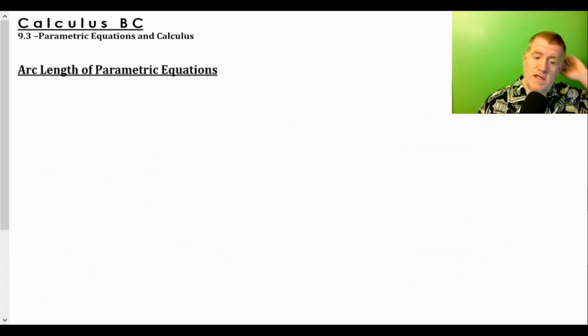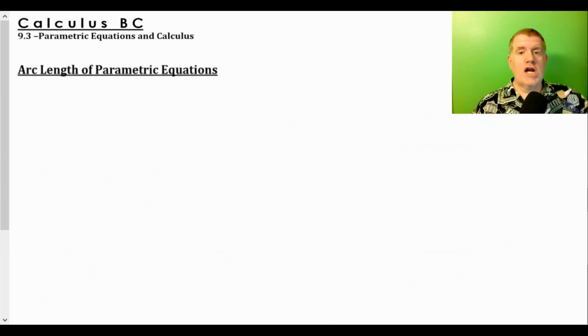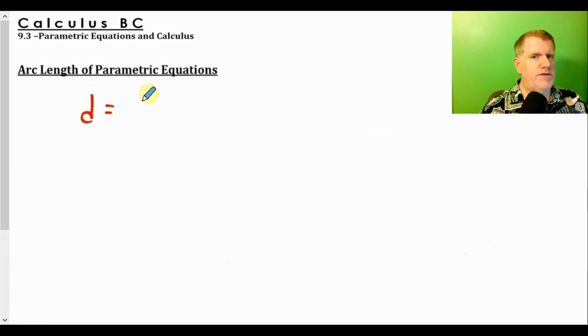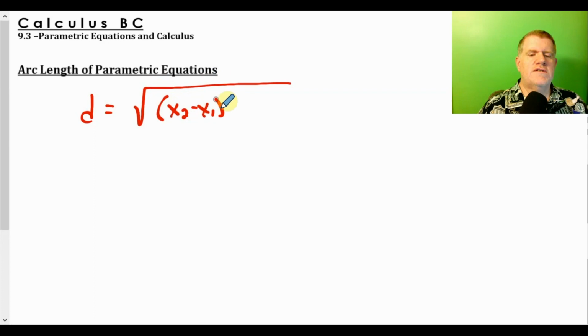That's it. Last example we're going to do is arc length. Now you guys remember the distance formula. And we've done arc length before, but not with parametrics. But I want to show you they kind of make more sense almost with parametrics. So in the distance formula, x2 minus x1 squared plus y2 minus y1 squared.